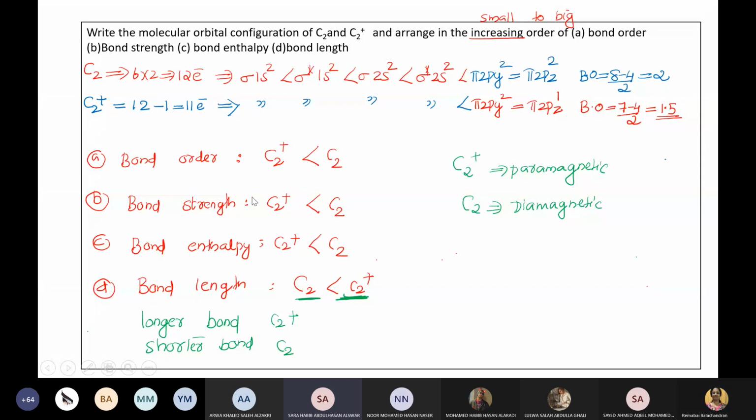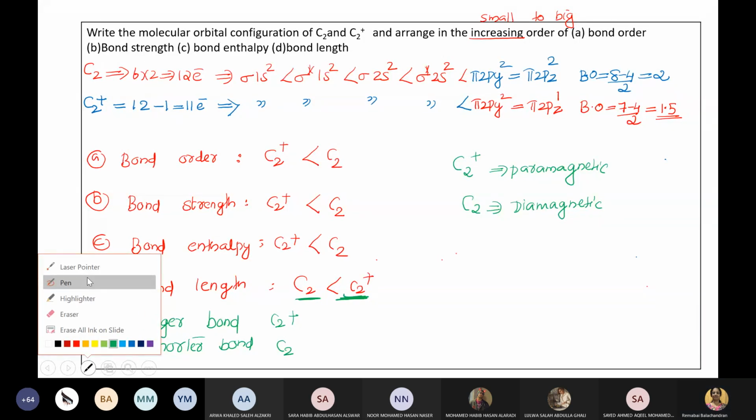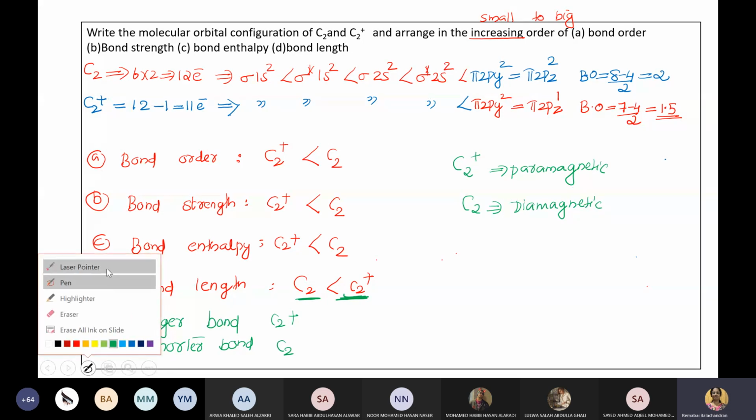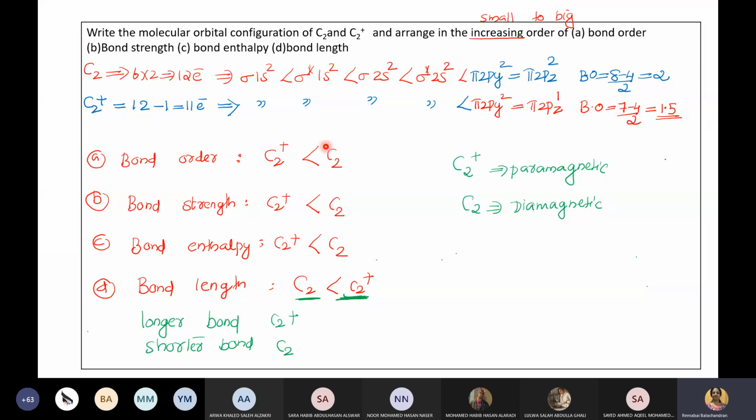See, just now I told you, my dear, if bond order is high, stability is high. This one has high bond order, so it has high bond strength, so it has high bond enthalpy. These three are in the same order. If bond order is high, bond strength is high, bond enthalpy is high, bond length is less. Bond length the opposite way.